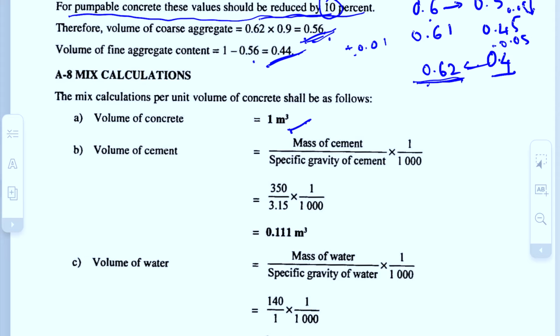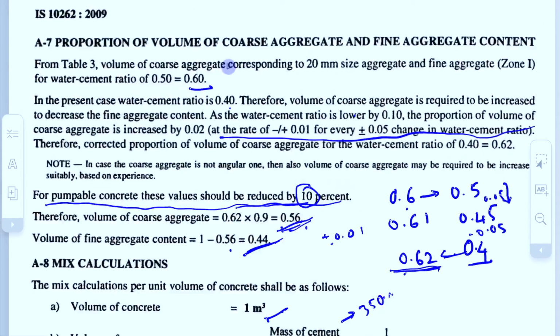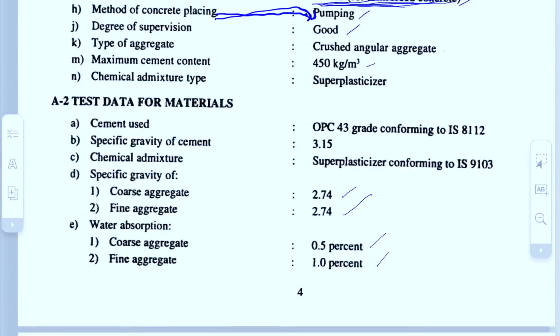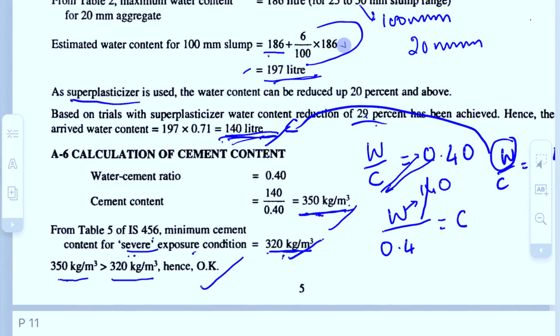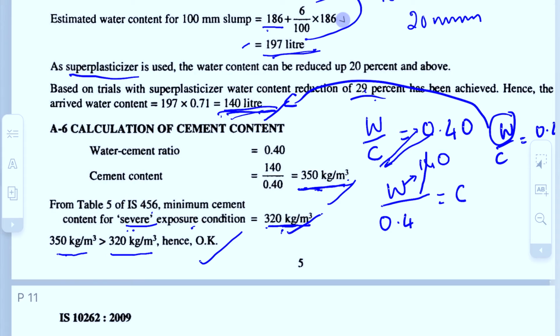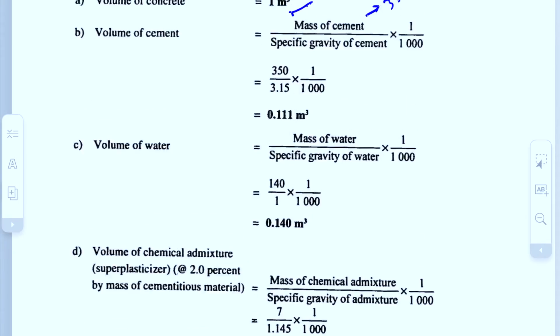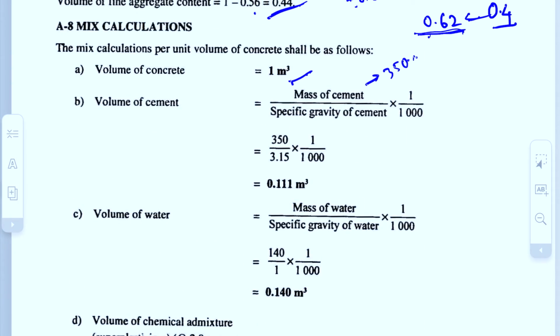The mass of cement is 350 kg per meter cube, and we have to express that in terms of volume. So the mass of cement is 350. The specific gravity of cement is again given in the question, that is 3.15.